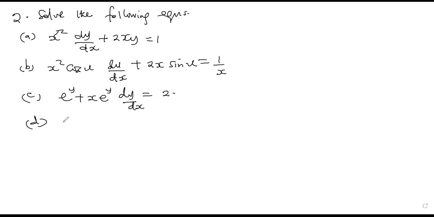Then D, t squared over x dx/dt plus 2t ln x is equal to 3 cos t. Of course, I can't do all. I will do like 2, then you do the rest. However, practice will make perfect in this.